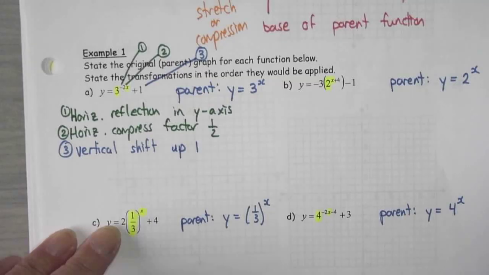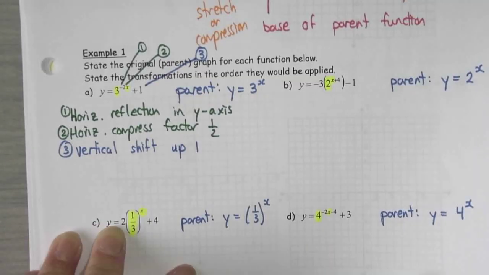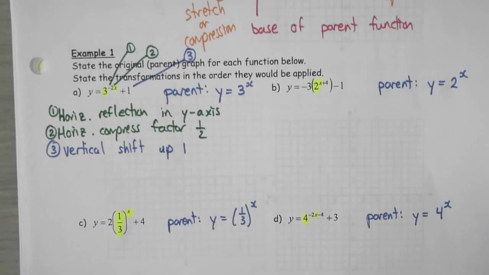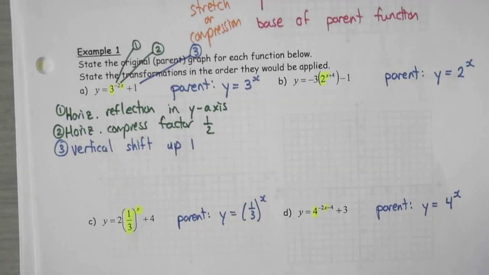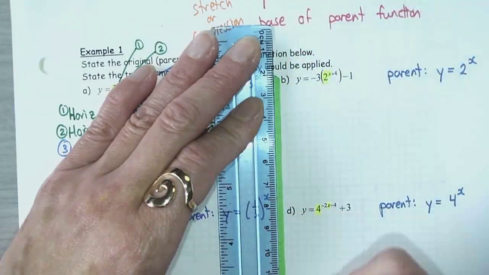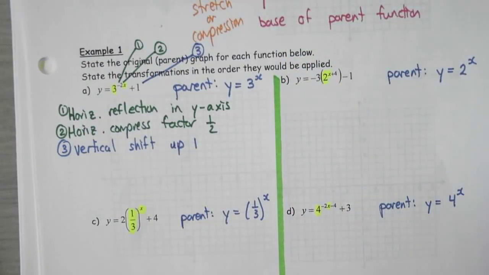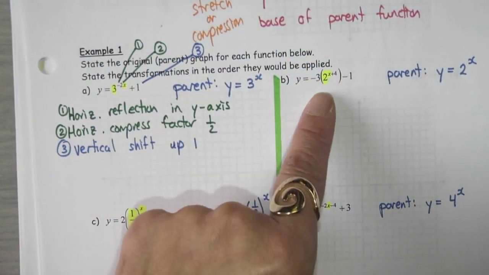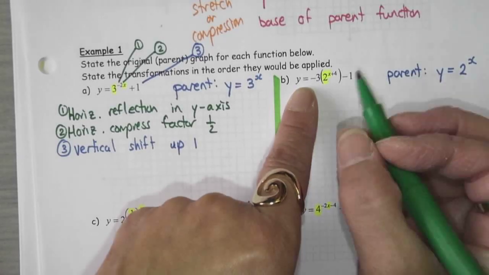All right, let's describe the next one. We're just describing, and then in the next question, we'll graph it. I want to do the descriptions first, and then we'll graph it in a second. So this one here, in front, we're going to do vertical.